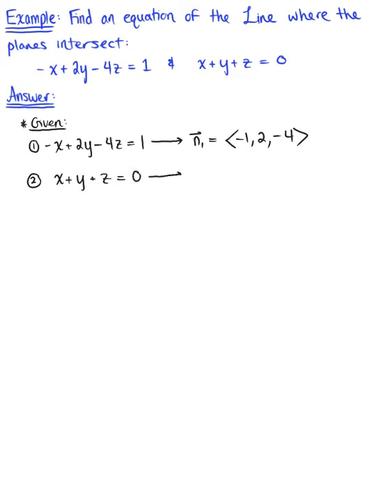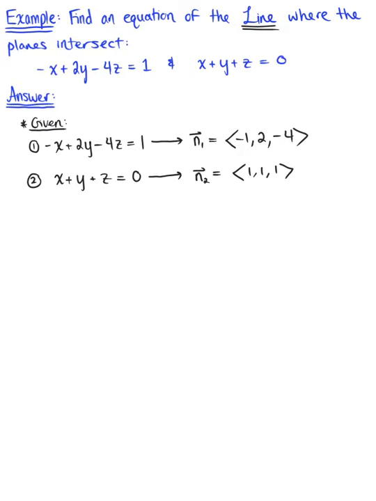And again, we can define this plane's normal vector, we'll call it vector n sub 2, by looking at the variable's coefficients. So the normal vector to this plane is the vector with the components 1, 1, 1. So we'll need these normal vectors when we find the vector that is parallel to the line.